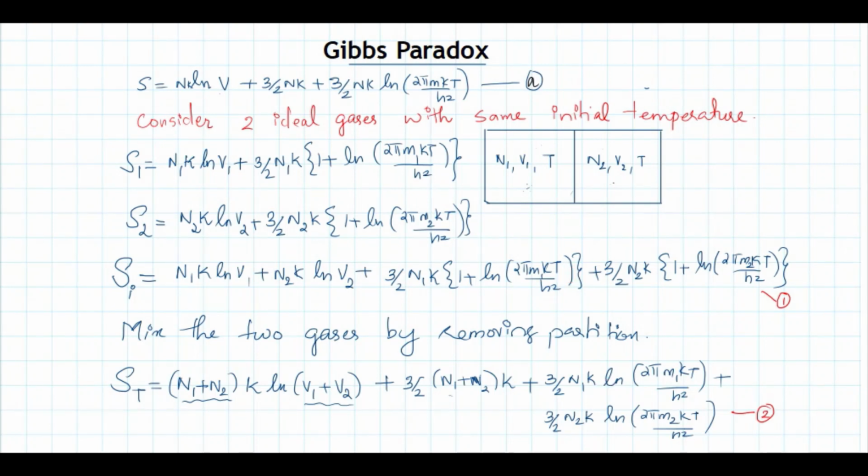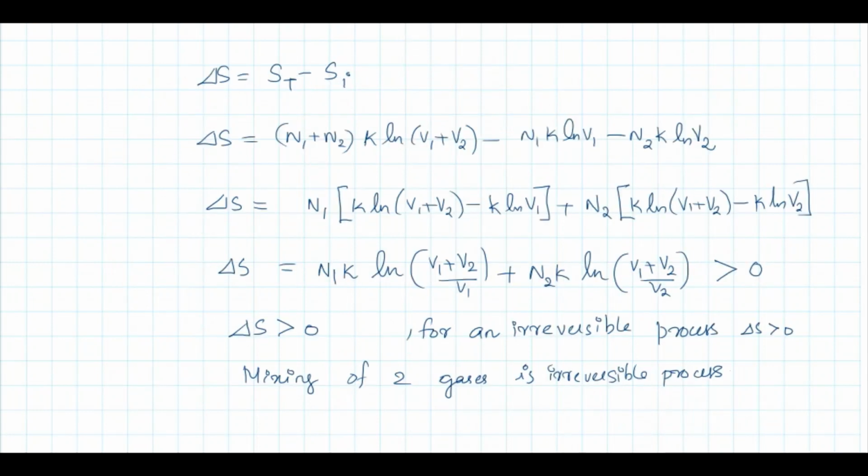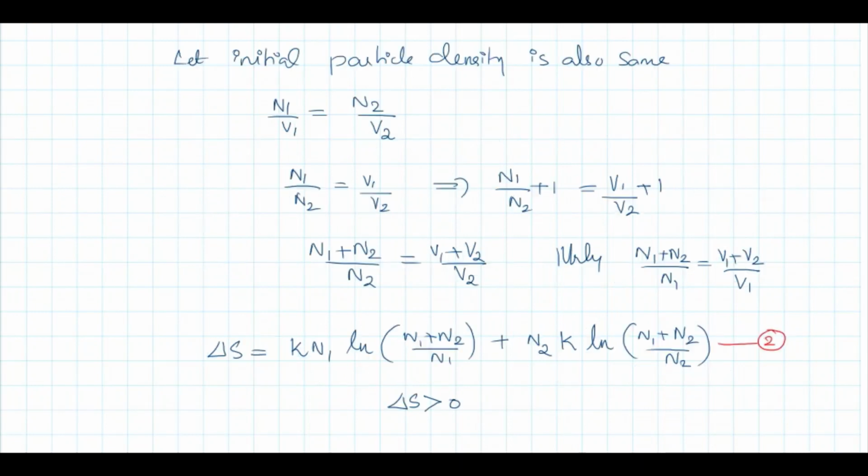Irrespective of whether it is M1 and M2 or both are the same, this term will cancel. So for the change in entropy, you will get the same relation, and as per this relation, entropy change is still greater than 0.